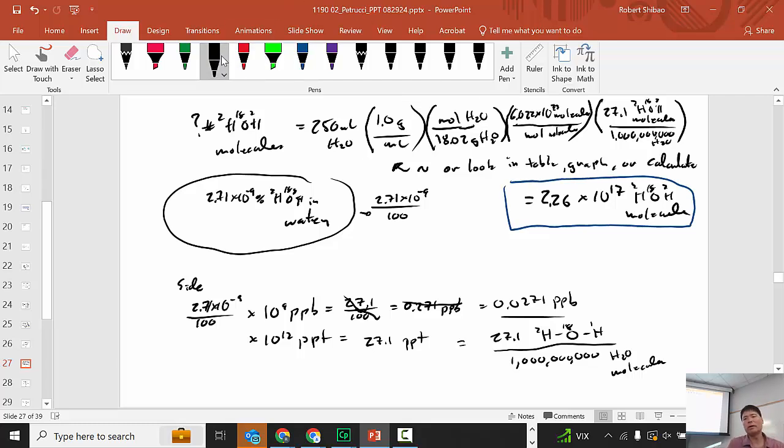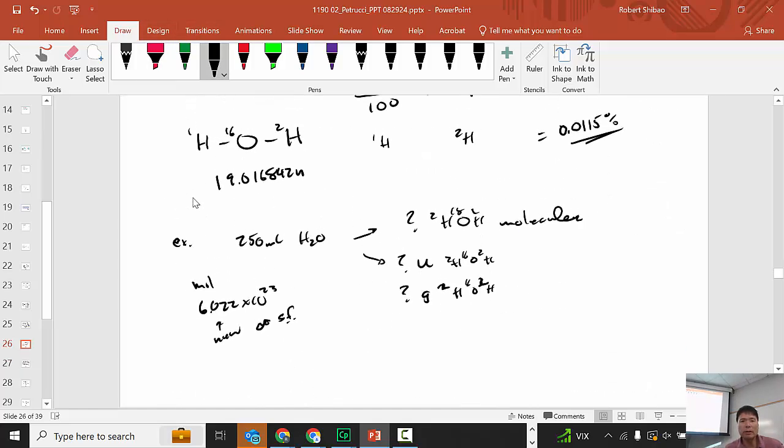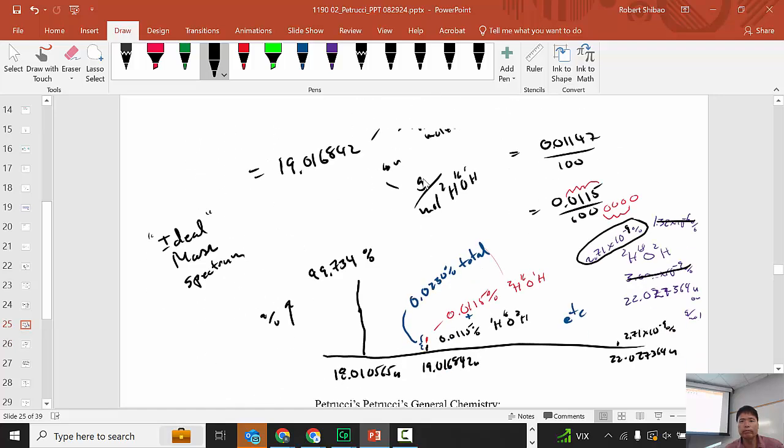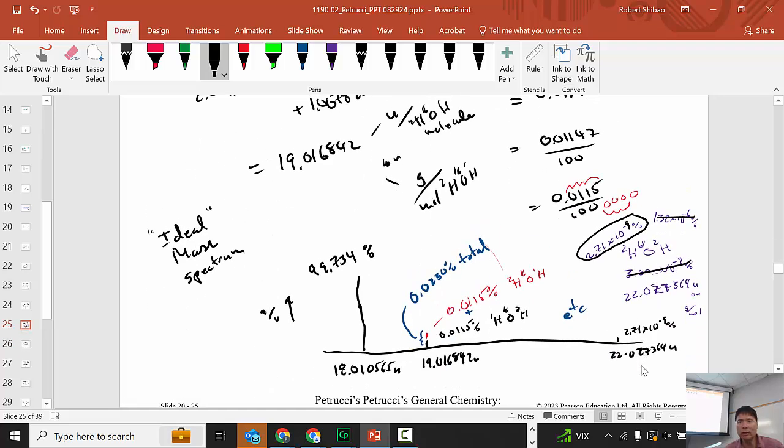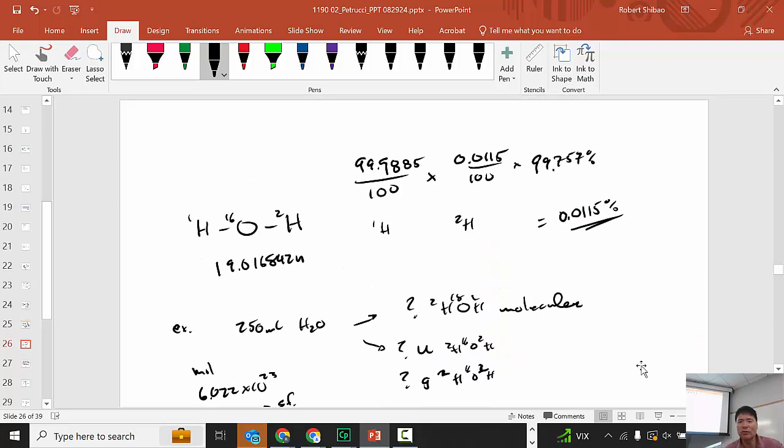So how much does that weigh? Well, we know how much a single molecule of this weighs. And so a single molecule weighs 22.027364.